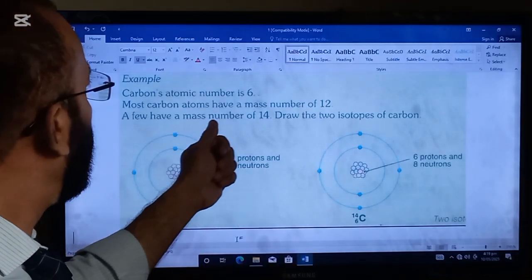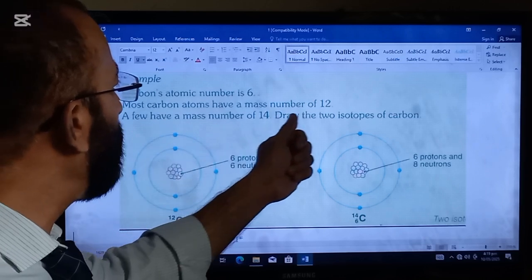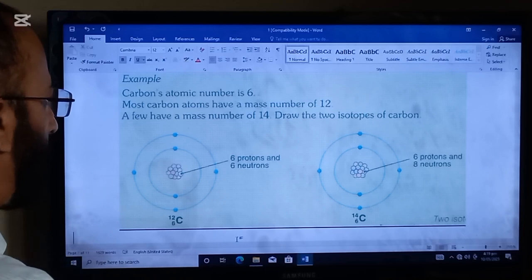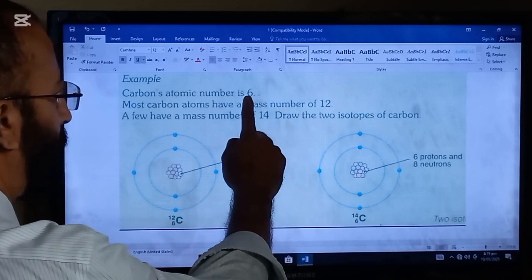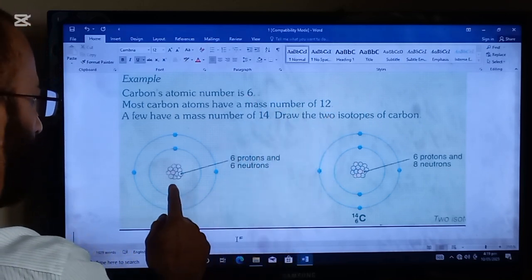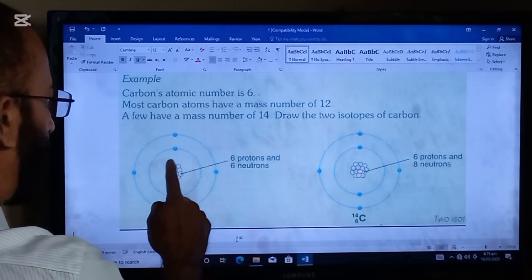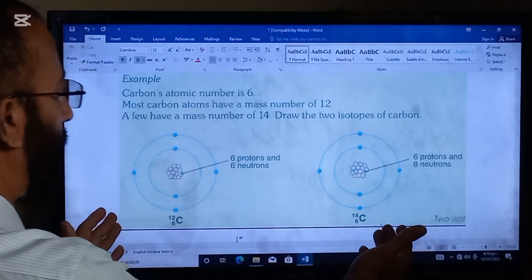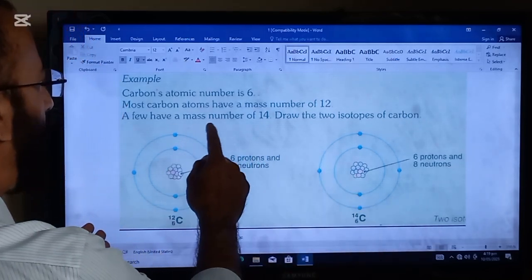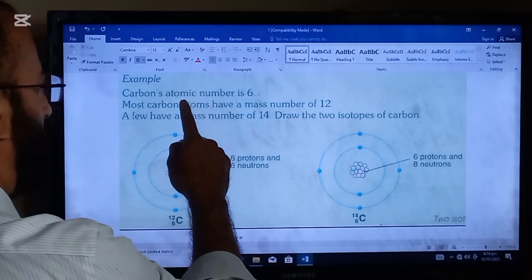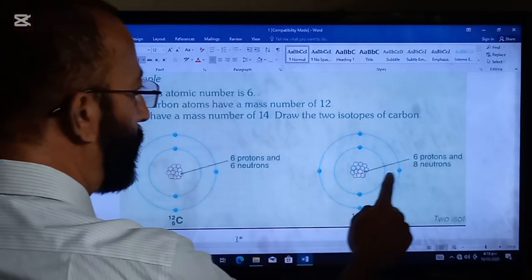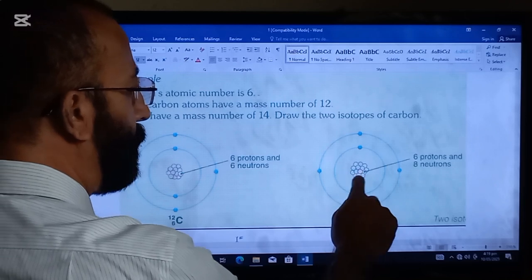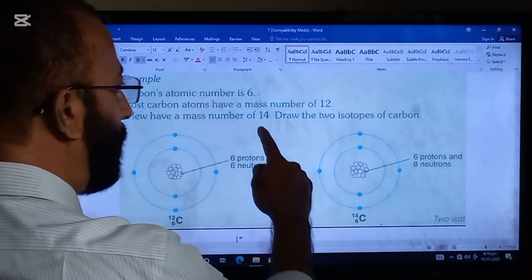So, for the isotope which has mass number 12, first we have to draw the nucleons. There are 6 protons and 6 neutrons. So 6 protons and 6 neutrons will be drawn into the nucleus. And in the second isotope, we have mass number 14, but atomic number is 6. So 6 protons and 8 neutrons will have to be drawn because the mass number is 14.